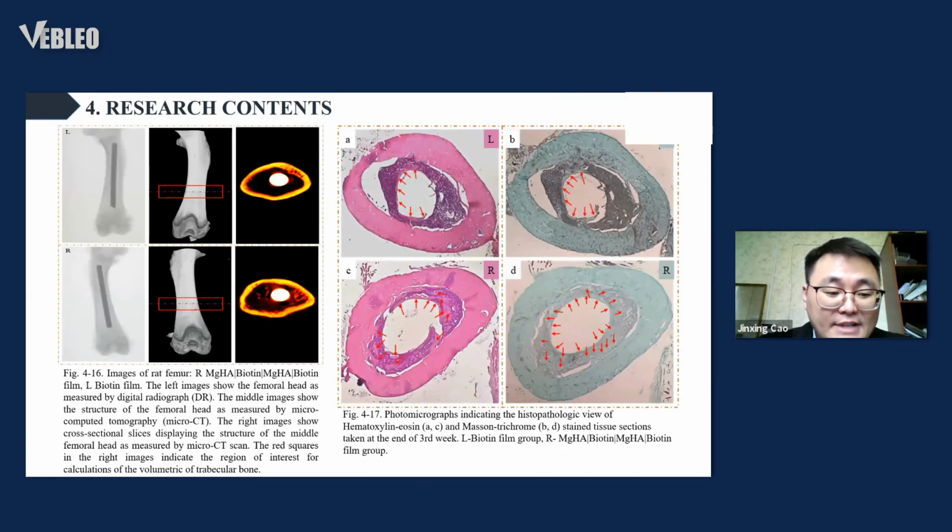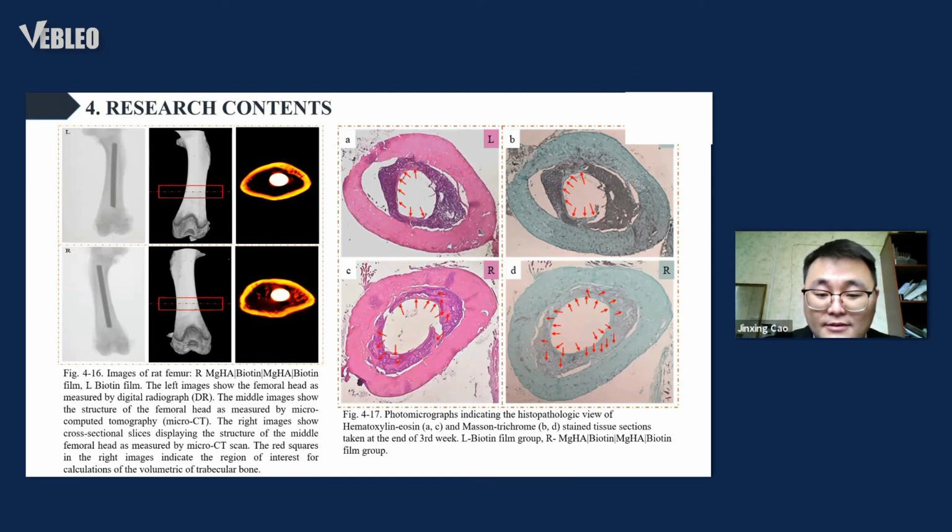Figure 4-16 shows the micro-CT image of the rat femur after 3 weeks of implantation. It can be clearly observed that the number of new bone trabeculae around the 4-layer composite film group was greater than that in the biotin film group.